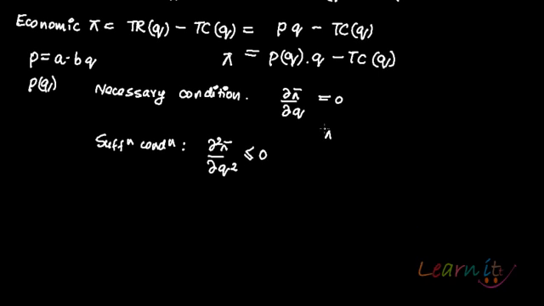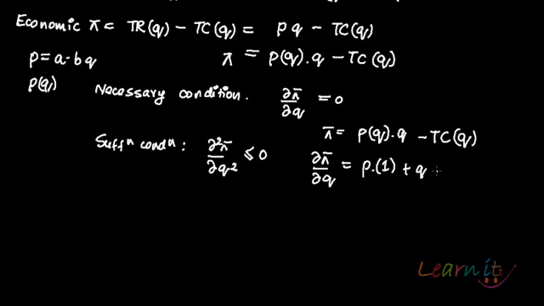What is your profit function? It is P(Q) into Q minus TC(Q). If you find the first derivative, del pi by del Q, it is first function as it is into derivative of second function, which is 1, plus second function as it is into derivative of first function, del P by del Q, minus del C by del Q, equal to 0.